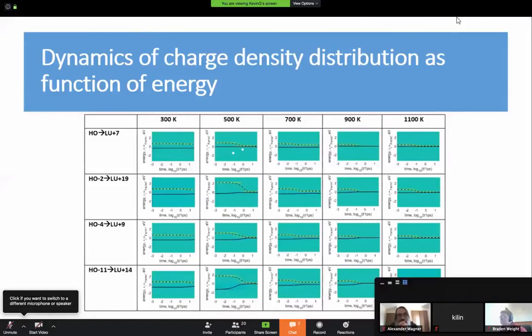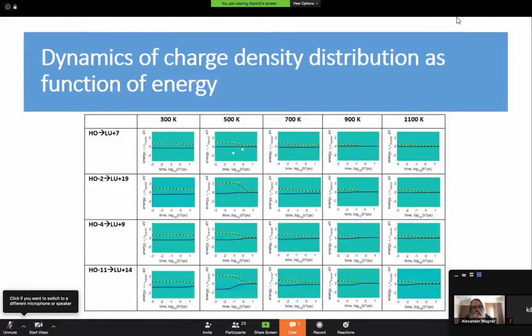Okay, the next thing I'm going to get to is my charge density distribution, specifically how it changes with energy. If you look at my 300 Kelvin graphs right here, they're essentially horizontal lines.